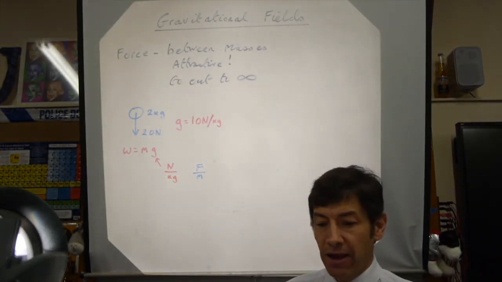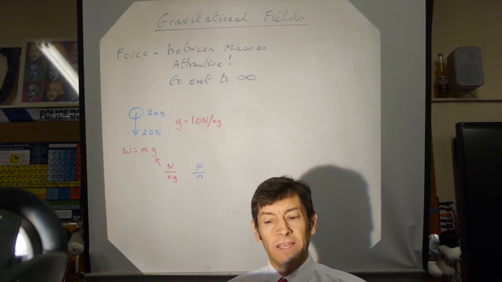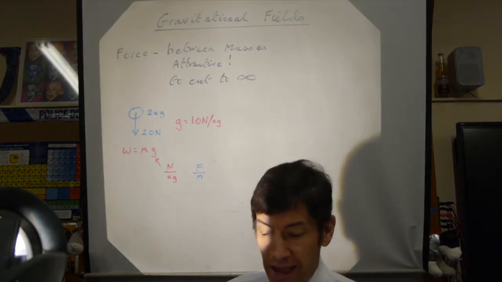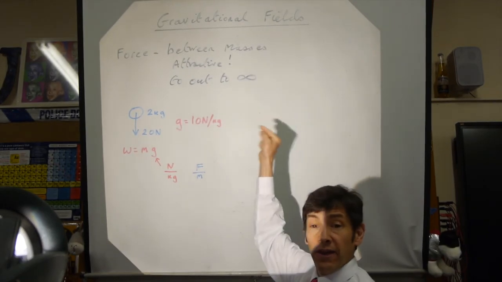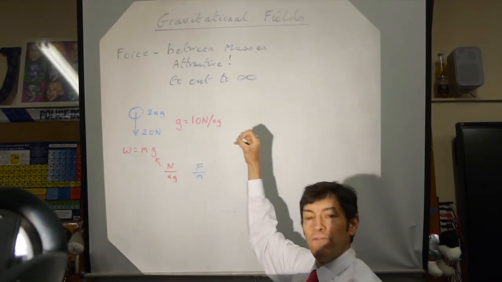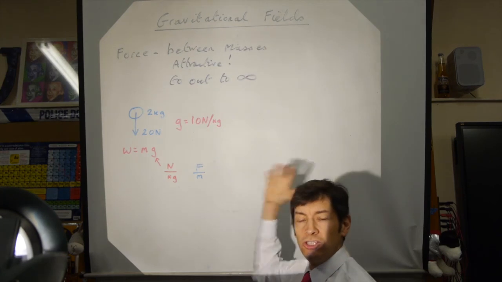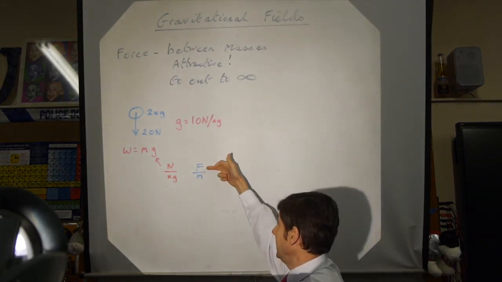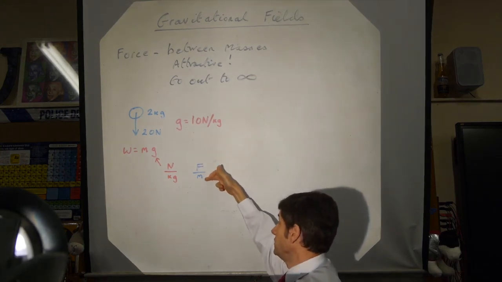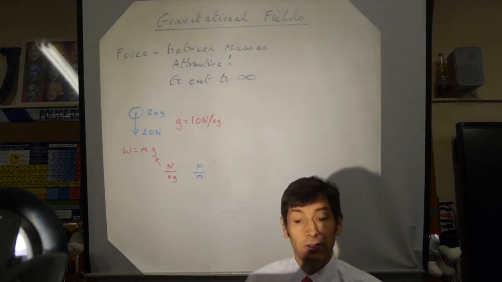Now, I think at GCSE you just thought about it as a number, but at A level, I want you to think about, at any point, where I'm holding my finger now, what is the force per unit mass? Now, we choose to measure force in newtons, and we choose to measure mass in kilograms.